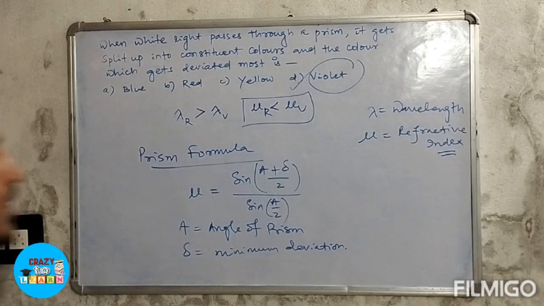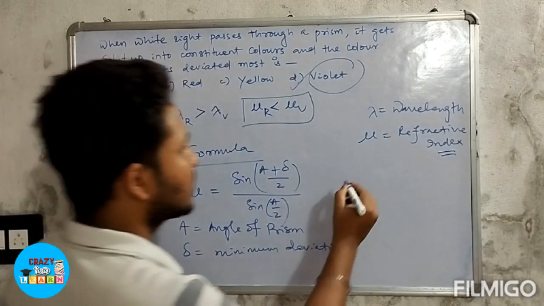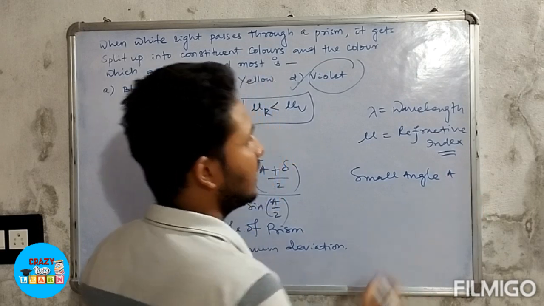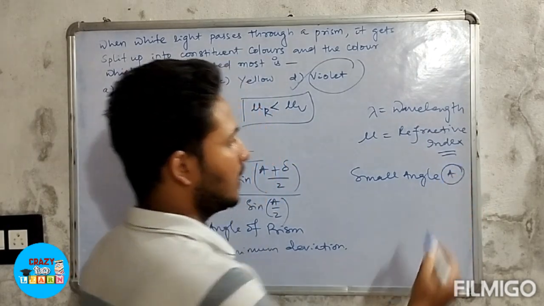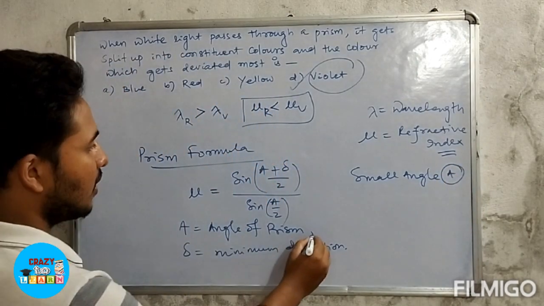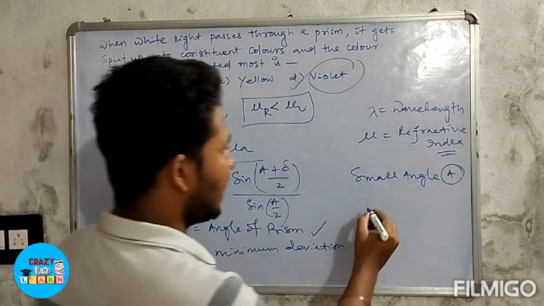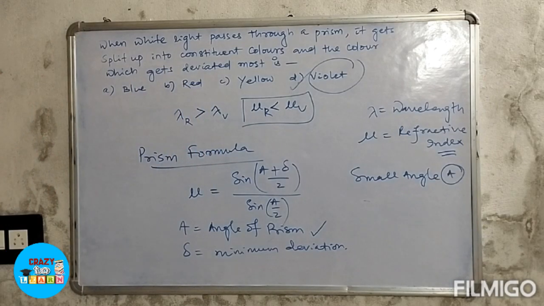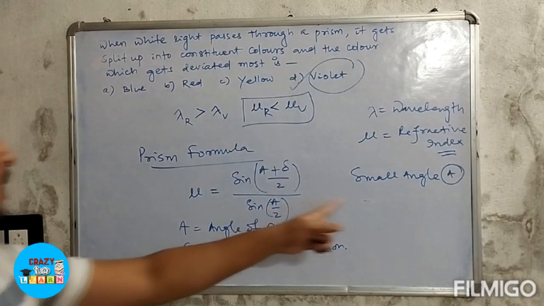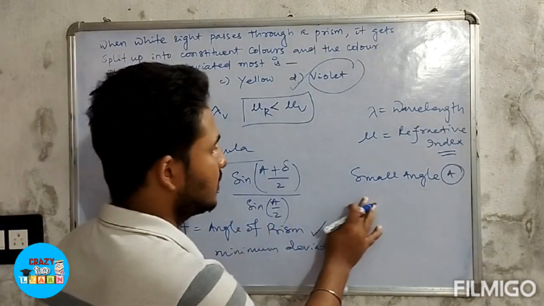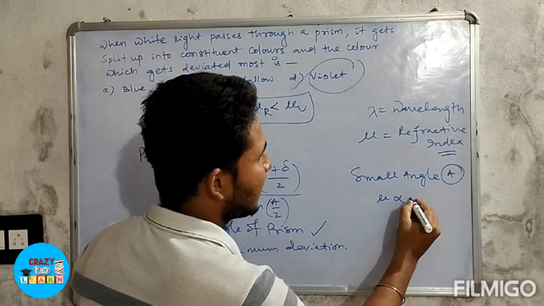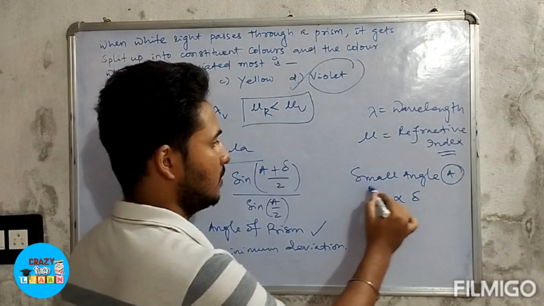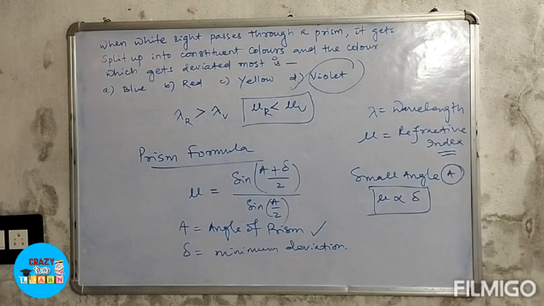For a small angle A, if the angle of prism is small, then you can write that mu is directly proportional to del.